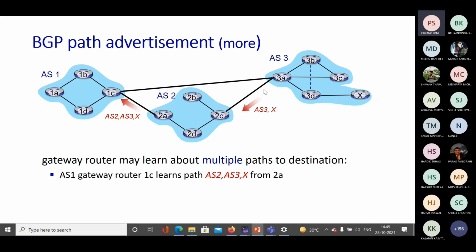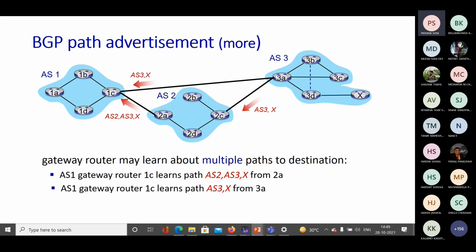We have already seen how path information is propagated if it is via AS2. Now this information to 1C about X is propagated from 2A of AS2, that any datagram from 1C to reach X of AS3 has the path via AS2, AS3 and X. So that is the path information that has been propagated from 2A to 1C.